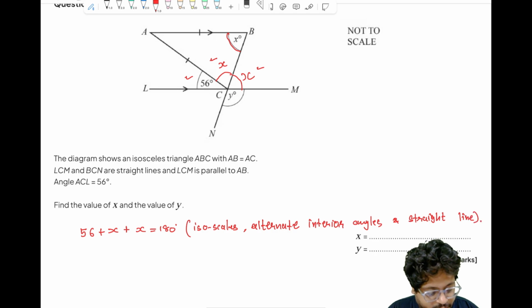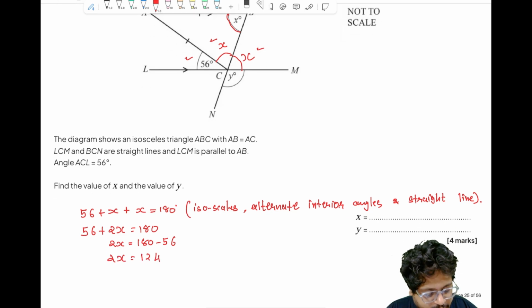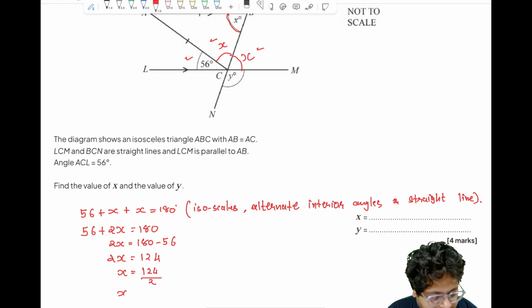Clear? So 56 plus 2x is equal to 180. Now this 56 will go in subtraction. So 2x is equal to 180 minus 56, which is 124, and x is equal to 124 divided by 2, which is 62. So x you already got 62.